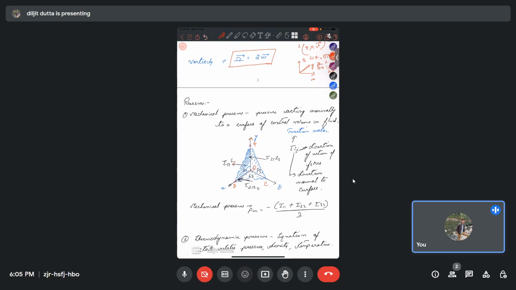That will be the shear stress, and it is also the pressure arising due to the shear force. Similarly, there will be a pressure in the BOC plane, again in the tangential direction of the plane, and so this is the total force that will be acting in the z direction.